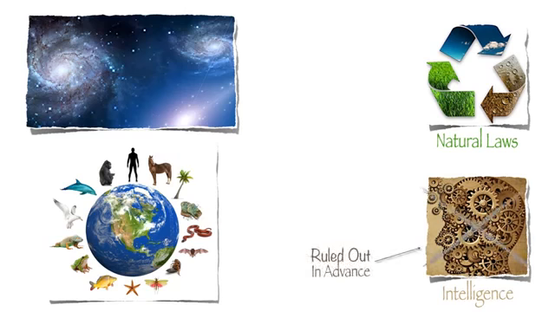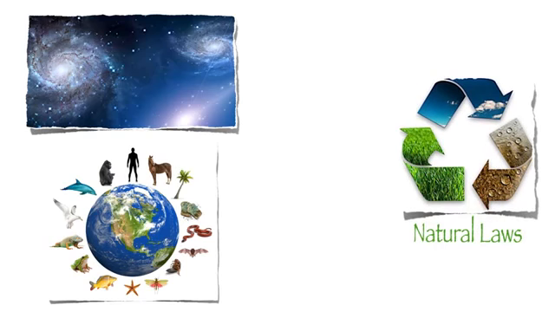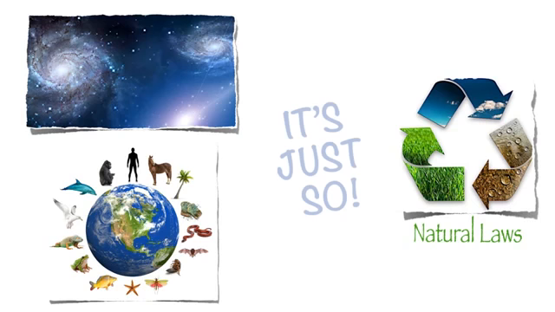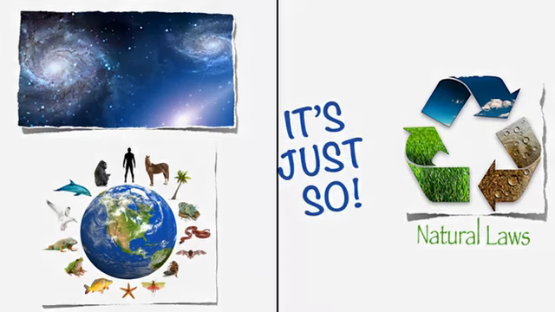Now, when Darwinists rule out intelligence and God in advance, before they've even begun their investigation, the only remaining choice is natural laws. When asked why intelligence is ruled out, why natural laws is the only remaining choice, some will respond, because. Because what? Because it's just so.